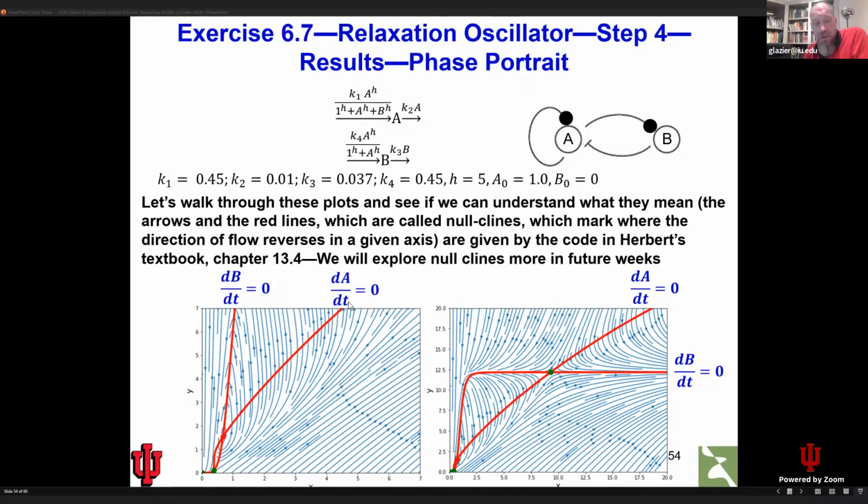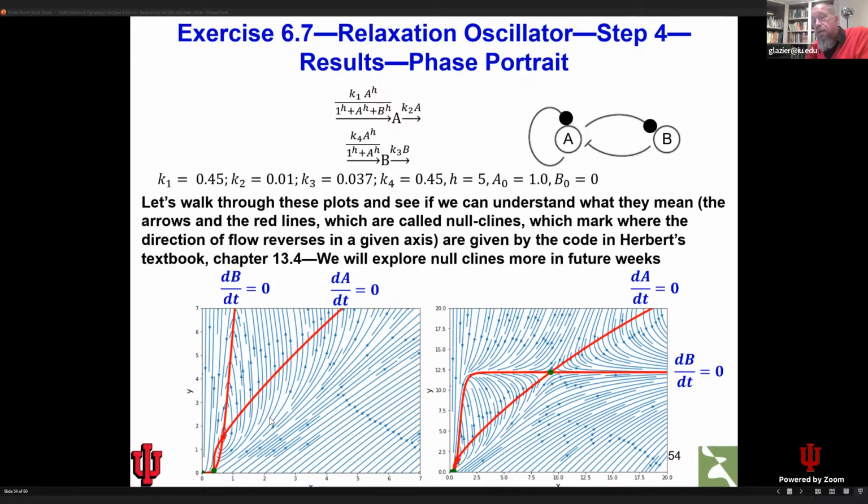And the reason you use these diagrams is because within a quadrant specified by the two null lines, within this box, can you see my cursor? Yes, I can. So within this box where my cursor is, B is always increasing and A is always decreasing in that box. So the flow is always up and to the left.